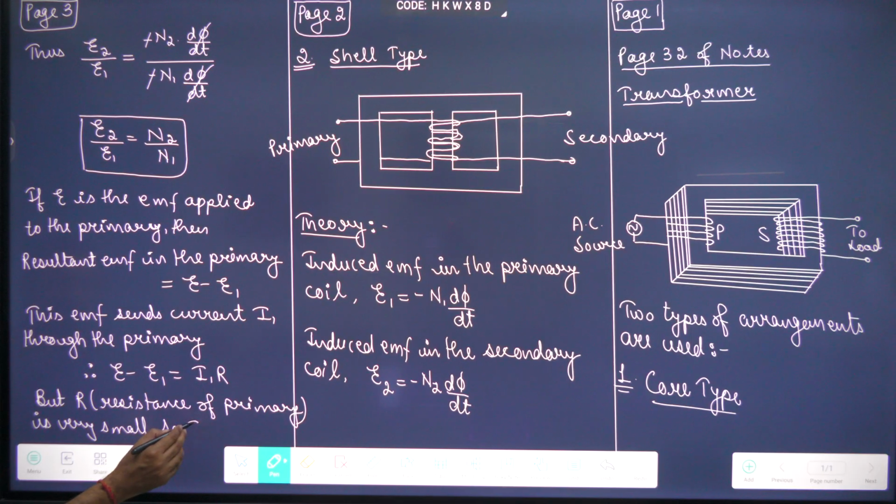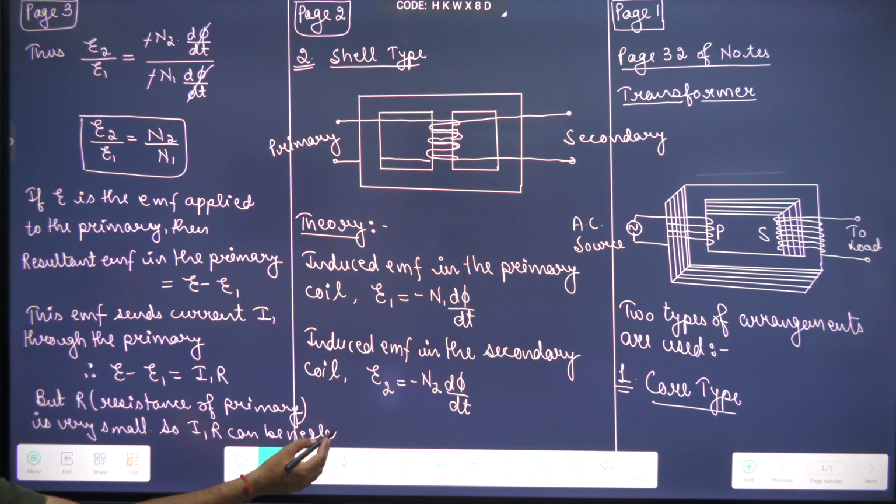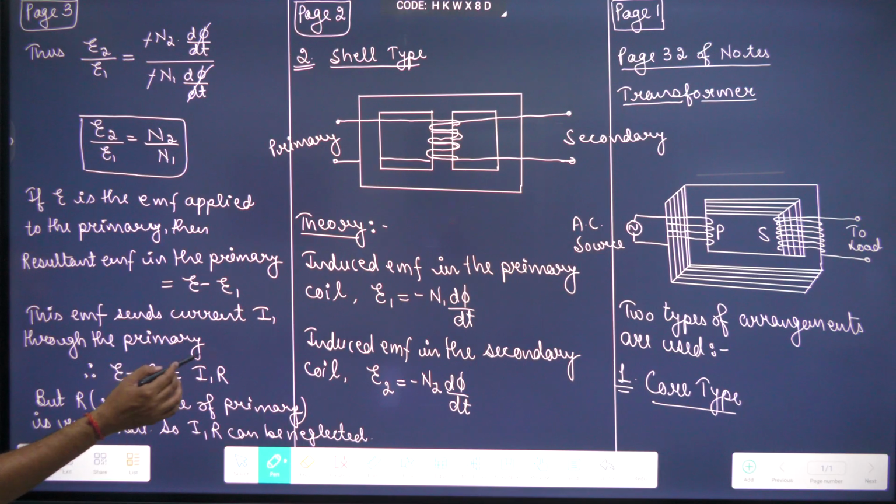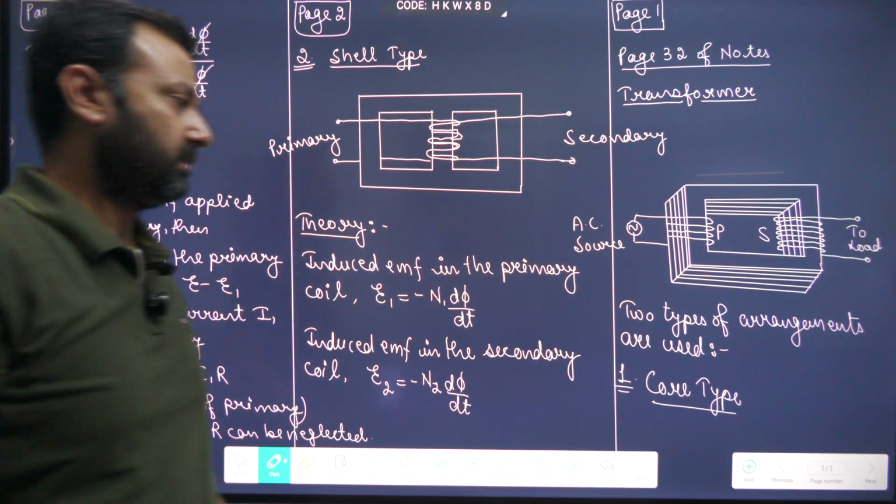So I1 into R can be neglected. Neglected means 0. So E minus E1 will become 0, which means E is equal to E1.